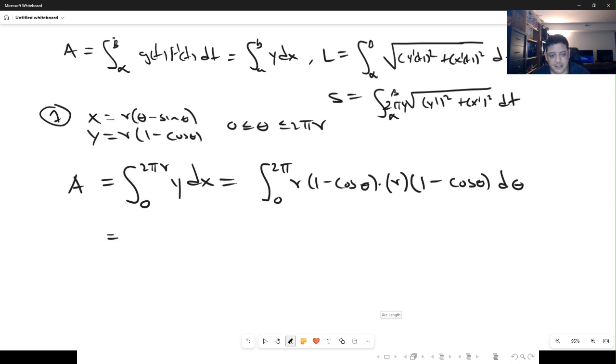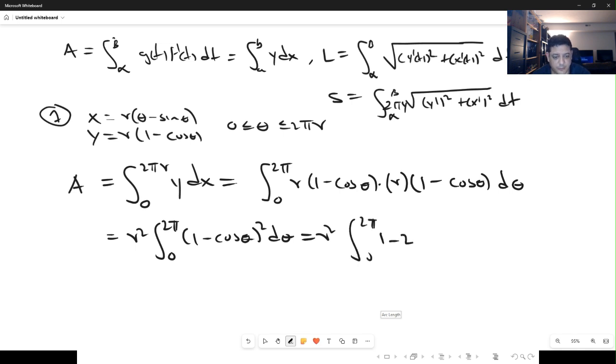Now this means that this is overall r squared times the integral from 0 to 2 pi of (1 minus cosine of theta) squared d theta. To integrate this, we break it apart. This is a binomial square, so this is 1 minus twice cosine of theta plus cosine squared of theta.